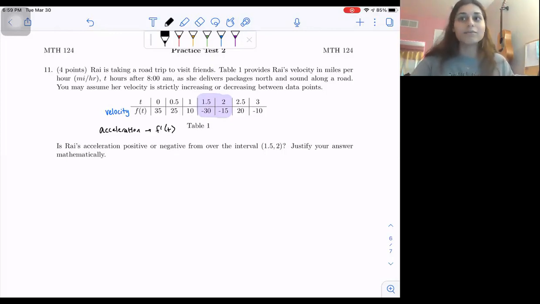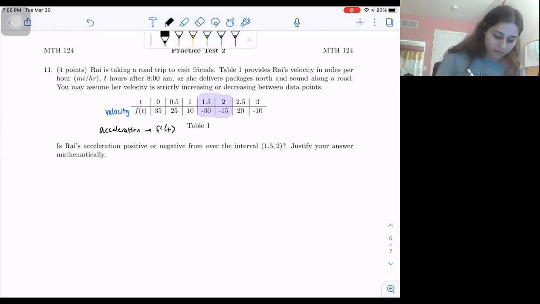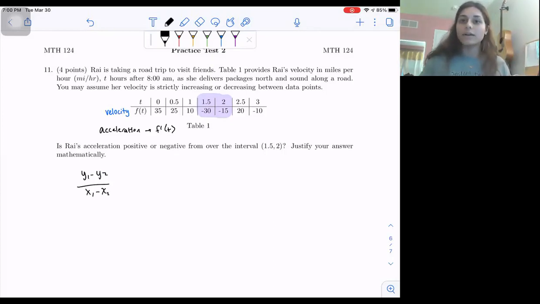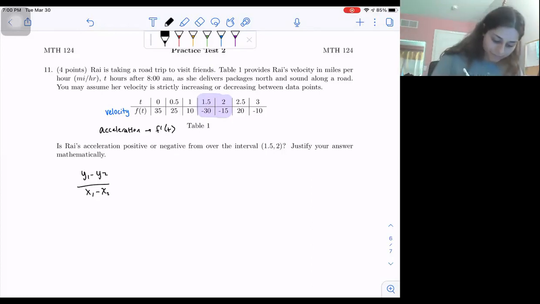So let's find the rate of change between 1.5 and 2. Do you guys remember how to do that? Rise over run, y1 minus y2 over x1 minus x2, or y2 minus y1 over x2 minus x1. Doesn't matter, same answer either way.